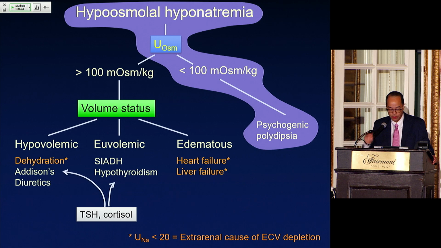So until that serum sodium comes up, the ADH is going to be profoundly suppressed. They're going to have a profound polyuria, and the serum sodium will bounce up very quickly. So the problem isn't correcting the sodium. The sodium will correct very, very rapidly.